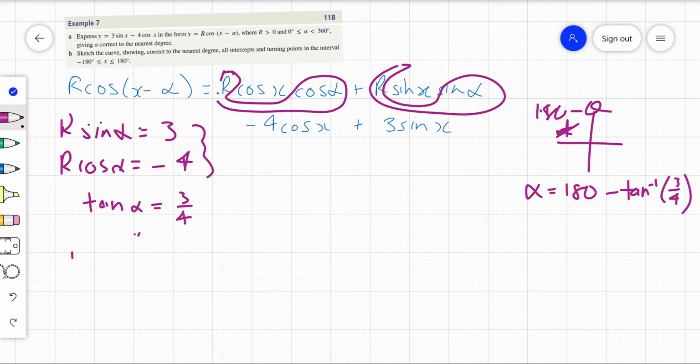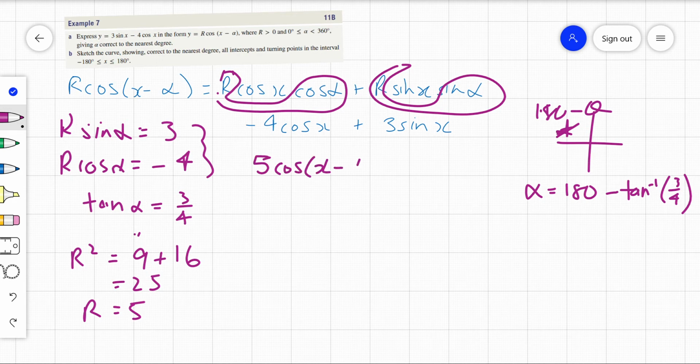Looking at our r squared, we're going to have 3 squared plus 4 squared, so that's a nice one. So r is going to be 5. So we're looking at using 5 cos(x minus alpha), alpha being 180 minus inverse tan of 3/4.